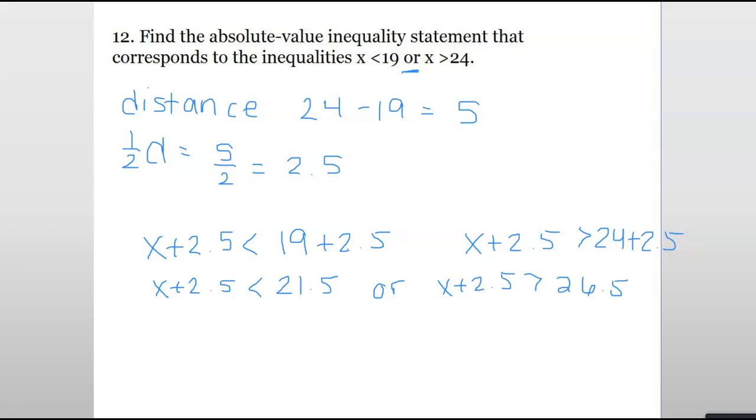So you have x plus 2.5 is less than 21.5, or x plus 2.5 is greater than 26.5. Since this is an "or" problem, we're going to use the greater part of the equation to turn it into an absolute value.